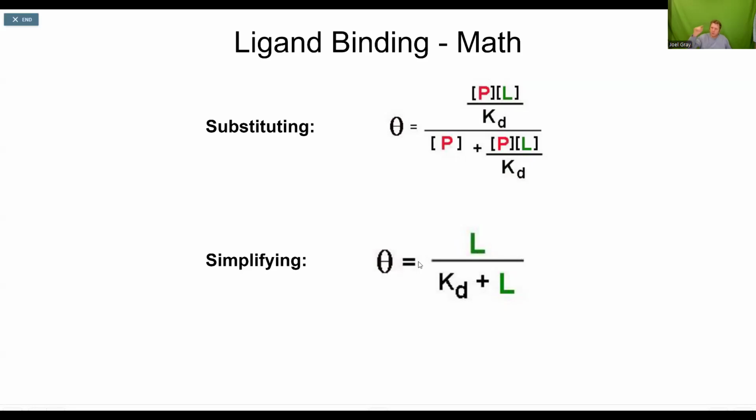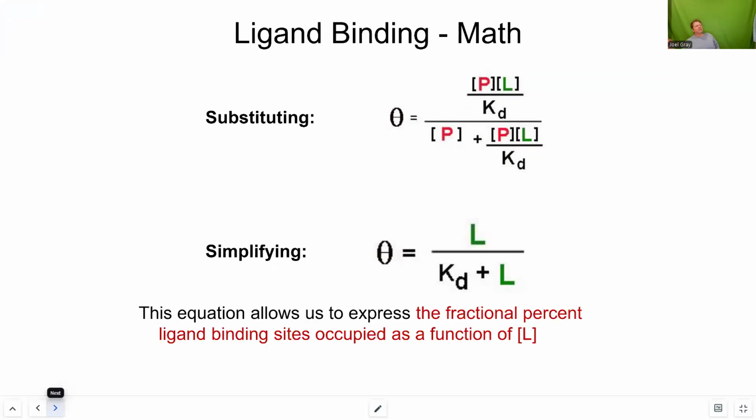So there's our simplistic rendering: theta is equal to ligand concentration over KD plus our ligand concentration. Now, this equation allows us to express the fractional percent of ligand binding sites occupied as a function of our ligand concentration. That's beneficial because that's something we can have better control of.